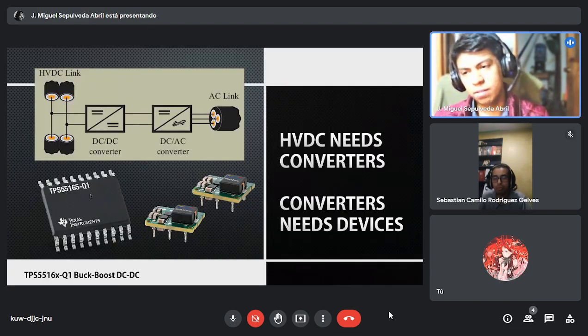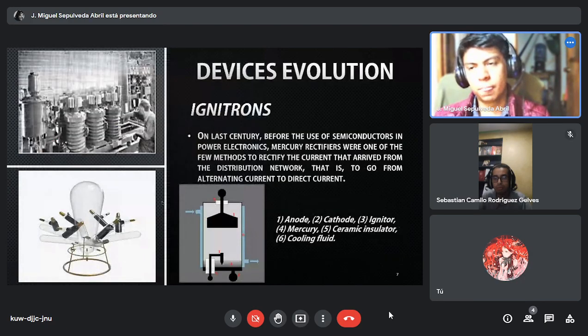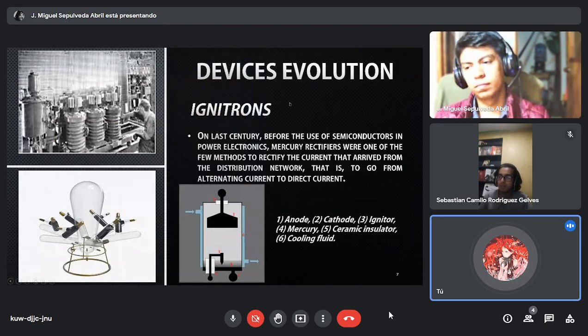So when we have HVDC, we need converters, just like this or like that. And these converters usually need devices, like the one we have here, to make sure we can operate. We start with device evolution.